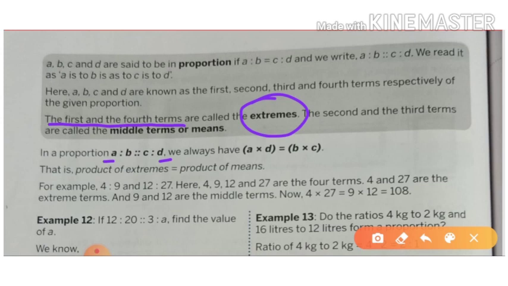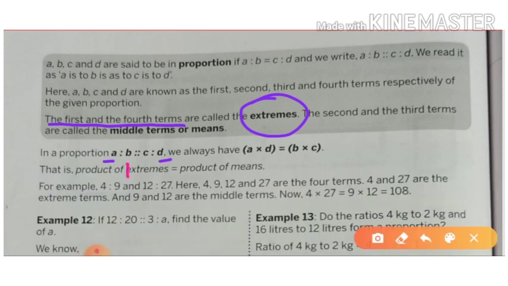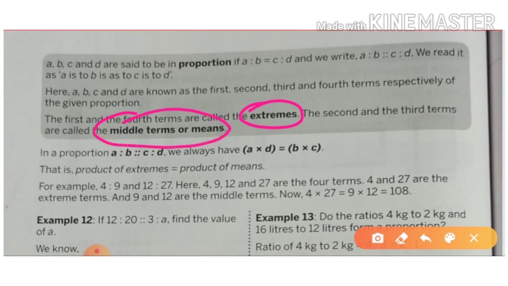A and D are extremes, and these two are in the middle. This B and this C are in the middle. That is why the second and the third terms are known as middle terms or means. The last two terms are called extremes and the middle terms are called means or middle terms.